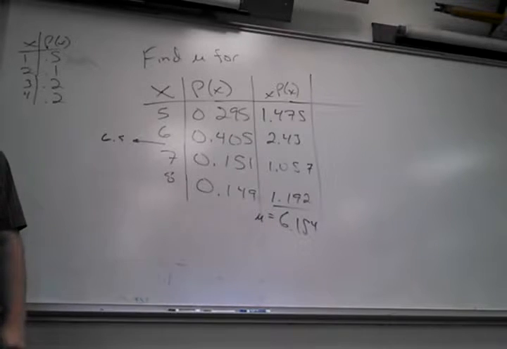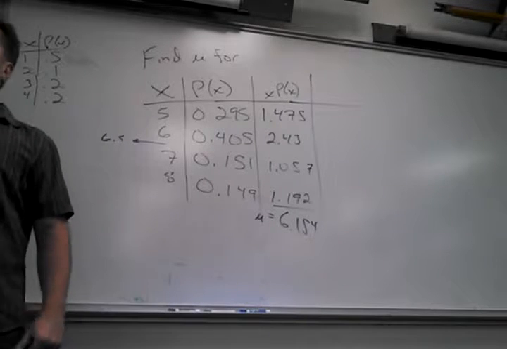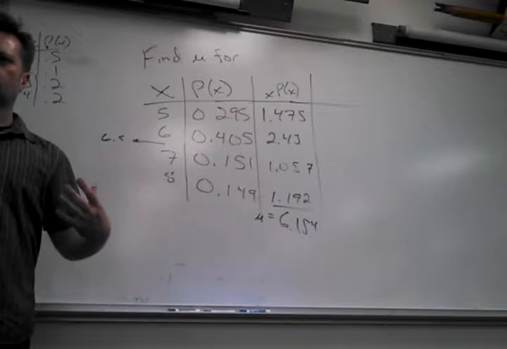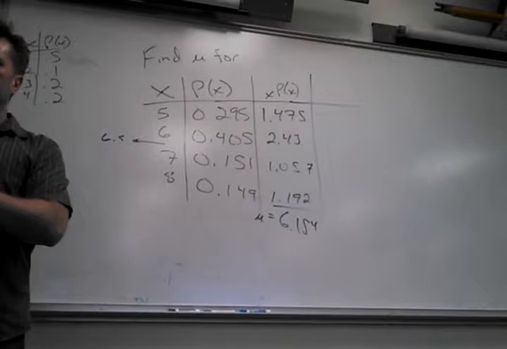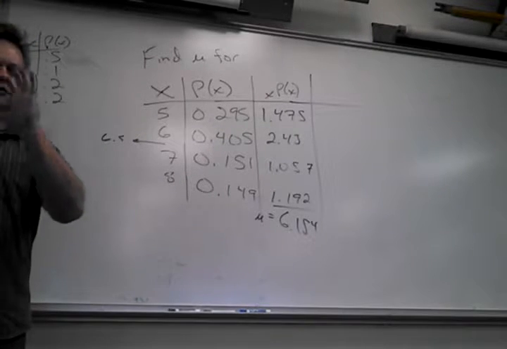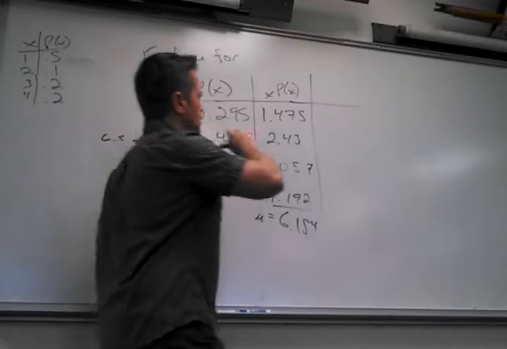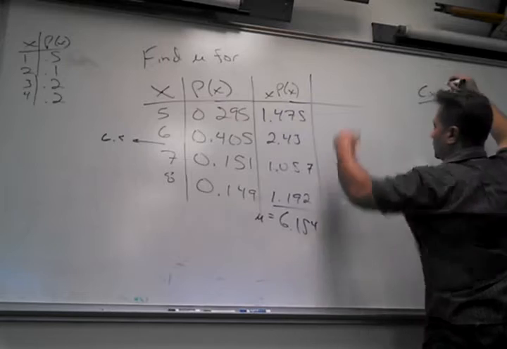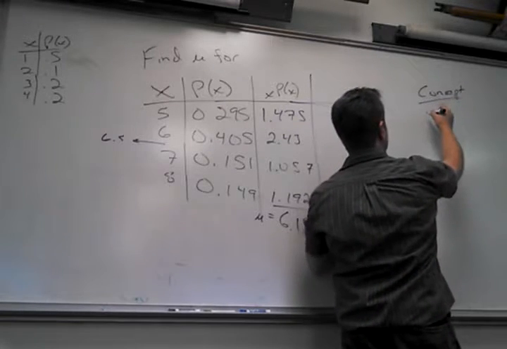I think the book still says this. There's a concept formula and then there's a calculation formula. And the calculation formula is what we're going to use because it's easier to use. The concept is like too much going on. So let me do the concept over here by itself, and then we'll do the actual thing here.